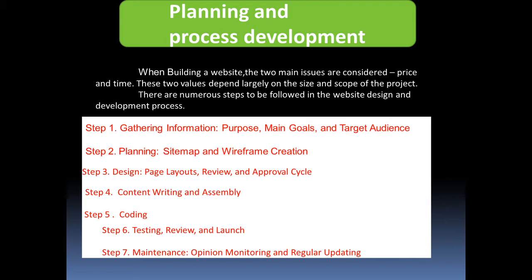When we build a website, the team considers two main issues, price and time. These are the main scope of our project. Considering these two, we then create a website.